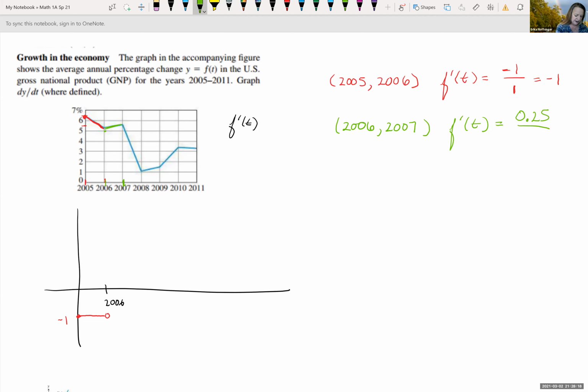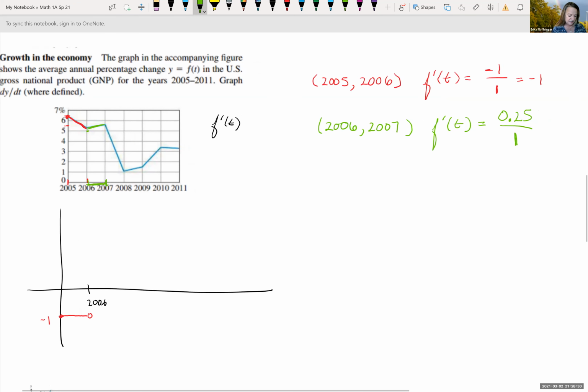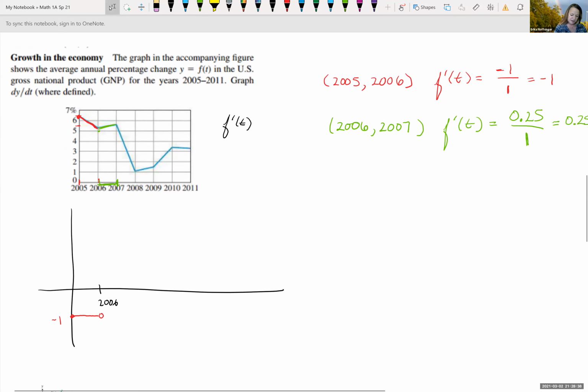And then how many years? I'm going from 2006 to 2007, I'm running over 1 in the t direction. And so my derivative function here is again equal to a constant. And so this is going to be a horizontal line, y equals 0.25, from 2006 to 2007.